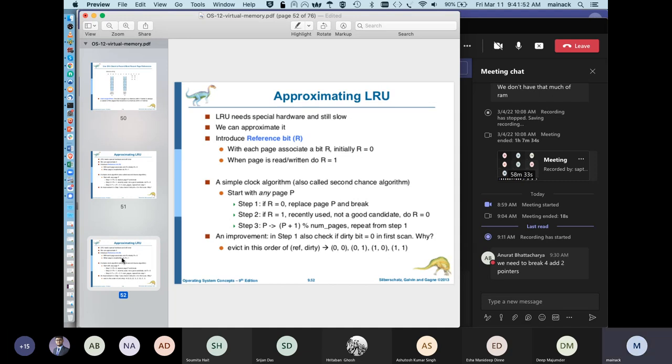Okay, so the reference bit is one of a long line of bits that basically make things optimized, but then again, you need to use it carefully and smartly. That is what these people did with the second chance algorithm, combining it with the dirty bit.